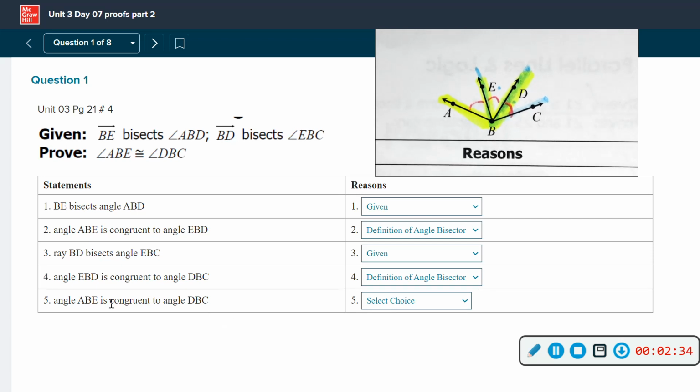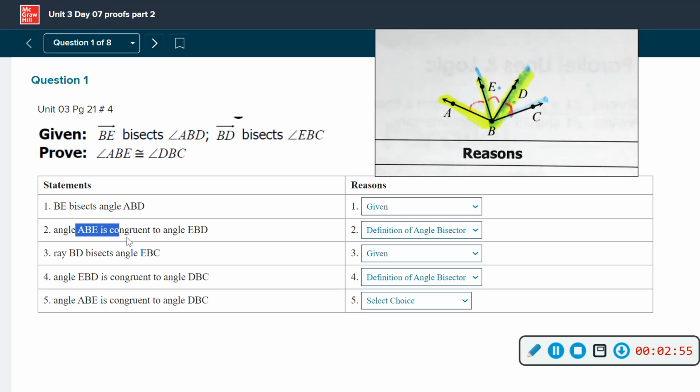Okay, so now we have angle ABE is congruent to DBC. So how did you know that? Well, what changed from here to here? So we still had DBC. The thing that was replaced was this right here. So ABE used to be EBD. So where did this come from? Well, that came from up here.